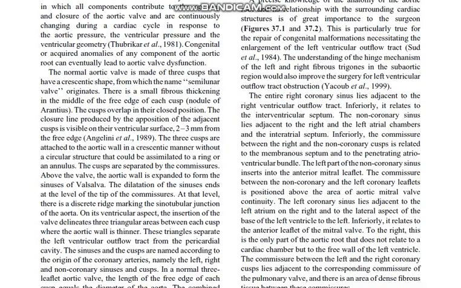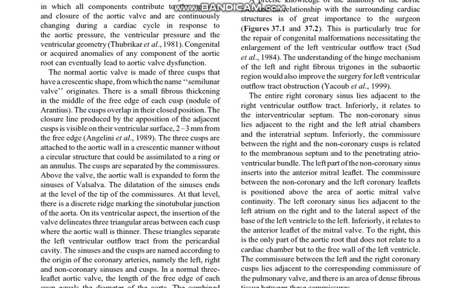The entire right coronary sinus lies adjacent to the right ventricular outflow tract. Inferiorly, it relates to the interventricular septum. The non-coronary sinus lies adjacent to the right and the left atrial chambers and the interatrial septum.